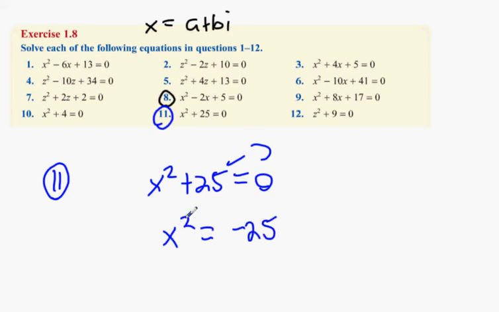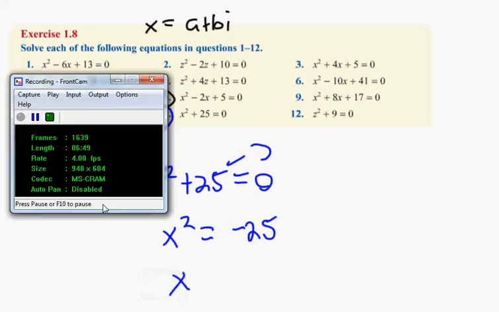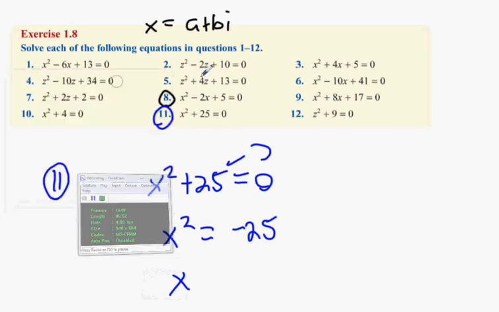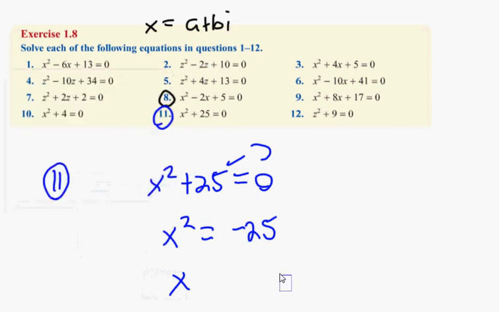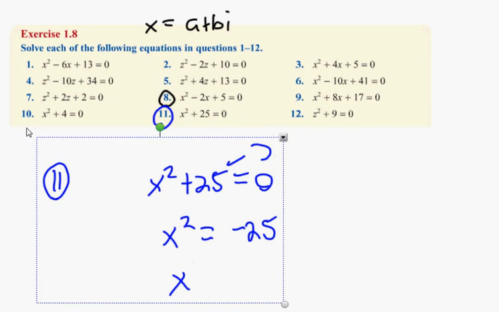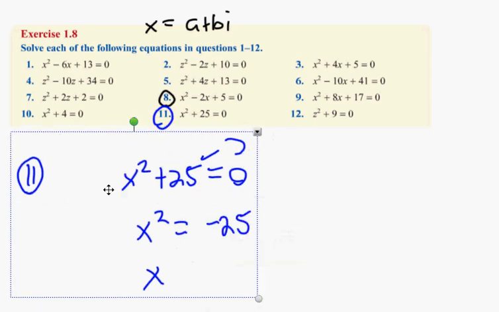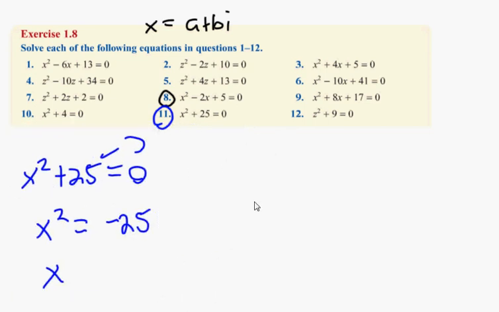What you do when there's a square on one side and you want to turn that square into x? Square root sign. Before I complete this one off here, guys, I want you to compare to one that you would have done in the past. Instead of x squared plus 25, what some of you might have done in the past was x squared minus 25. A question like this, you can do it two ways.